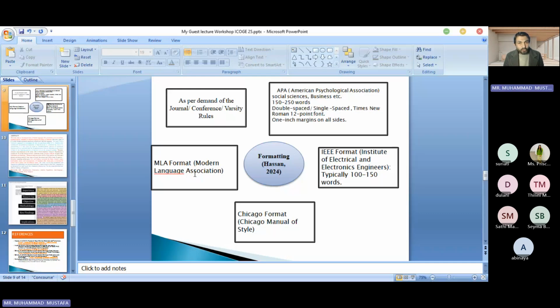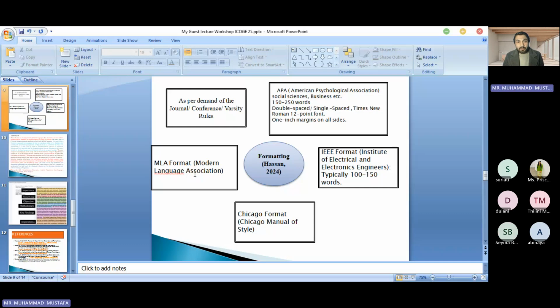This format is commonly practiced in linguistics, some specific language-based fields, and social sciences. They have proposed guidelines, and so many journals are asking for the MLA format.